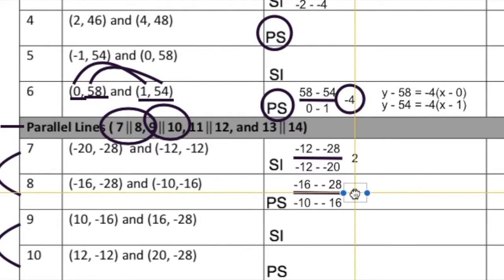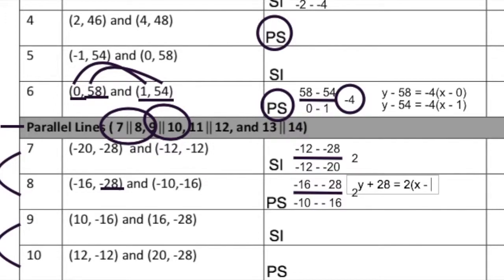Number 8, the slope is 2, so we can write in point slope form y minus one of the y values. It doesn't matter which point we use, so I'm going to say y minus a negative 28, which actually turns into y plus 28, equals m, we already calculated the slope to be 2, and then parentheses, x minus the x value.